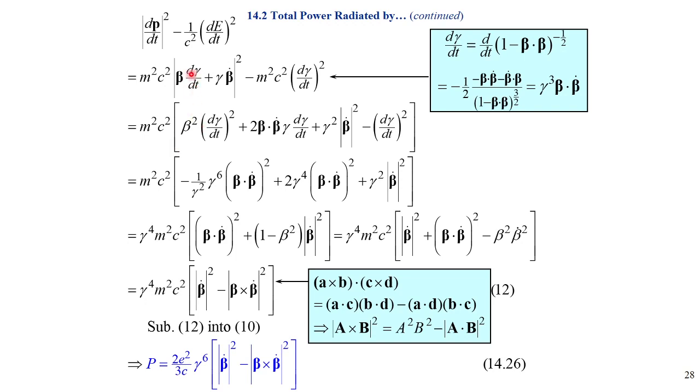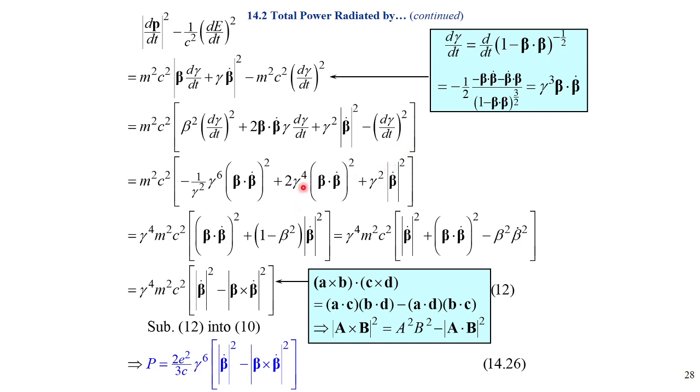Okay, we can combine this one. So this one is beta squared d gamma over dt squared plus 2 beta dot gamma d gamma over dt, plus gamma squared beta dot squared minus d gamma over dt.